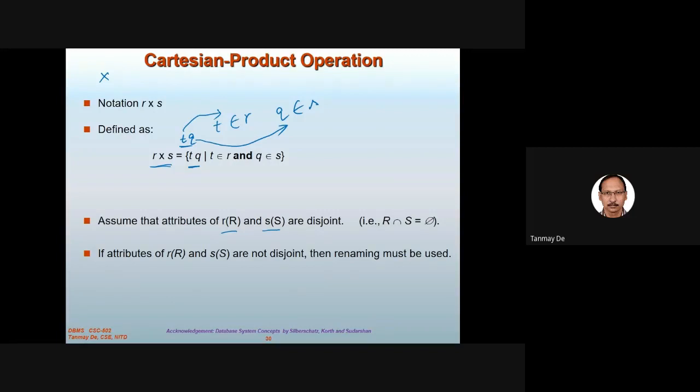That is, there is no common attribute. If there is any common attribute, that is, if they are not disjoint, then renaming must be used.